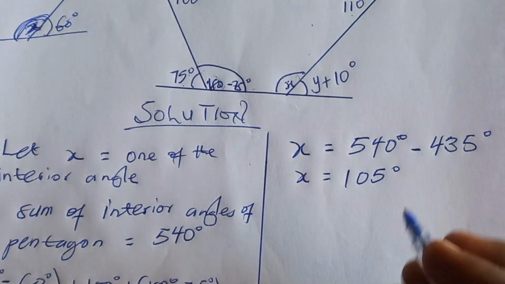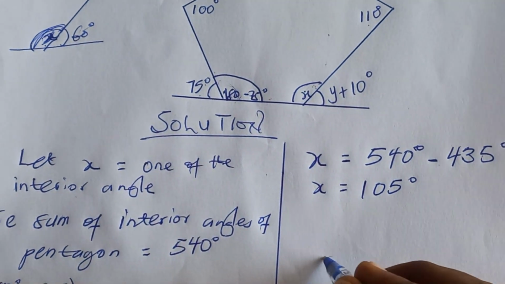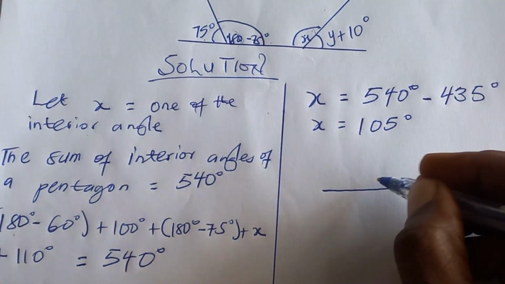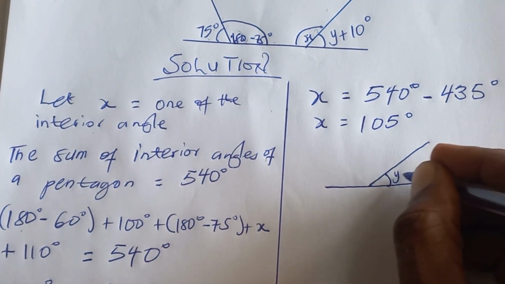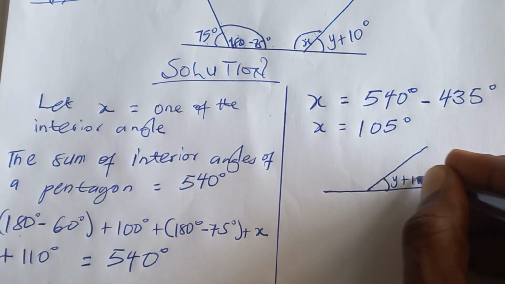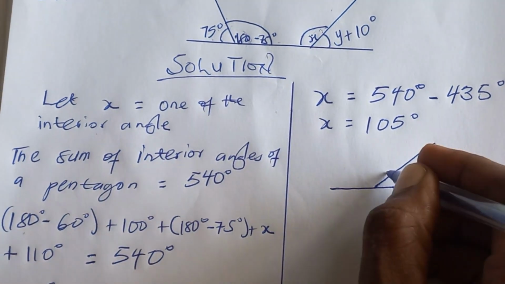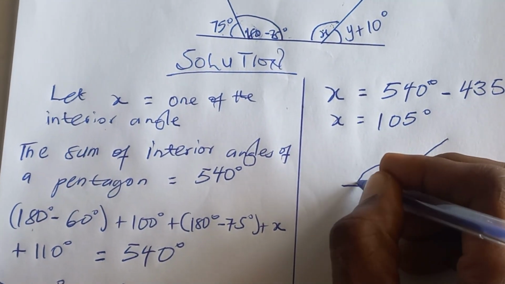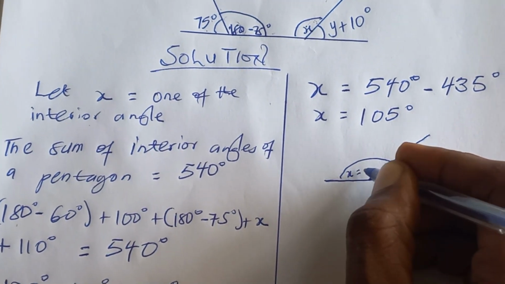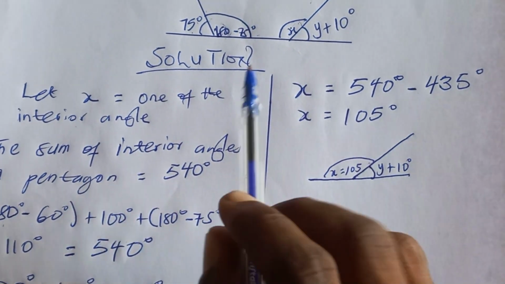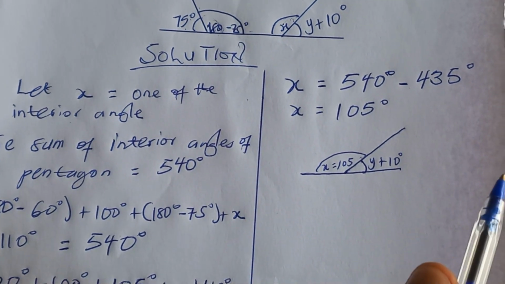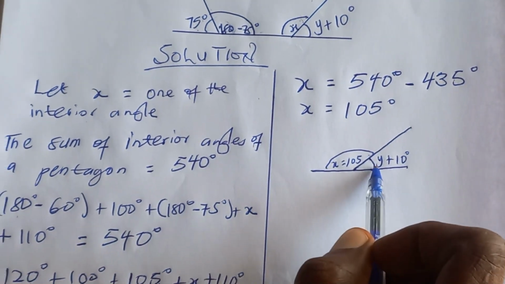Good. And looking at this, this portion is y plus 10 degrees. This is what we named x, and x is equal to 105. But our main focus is the value of y, not x. So we need to look for y here.